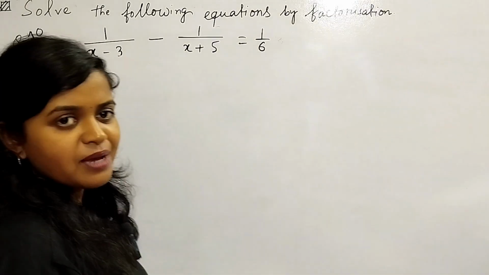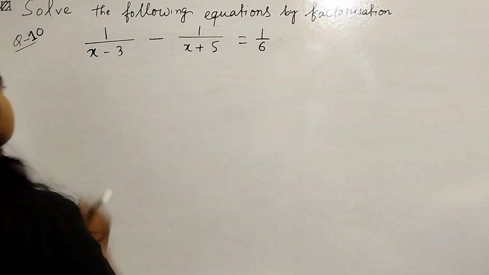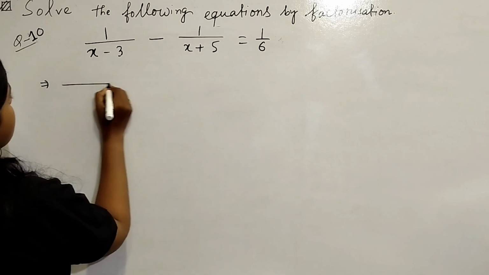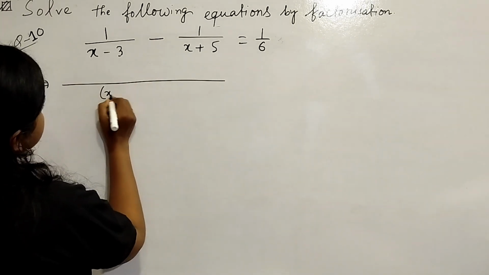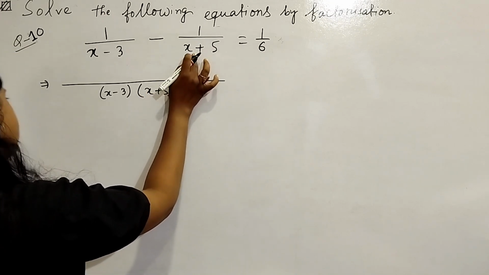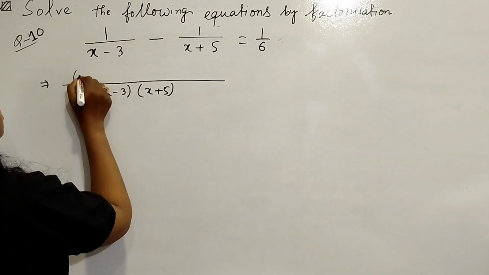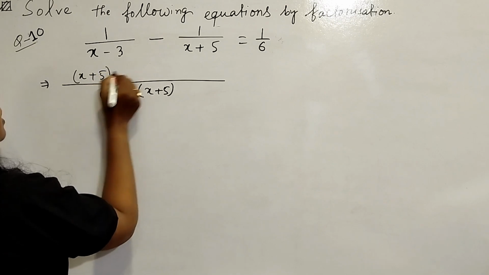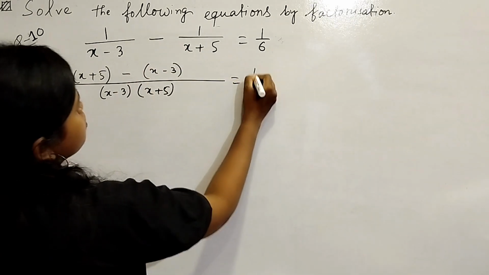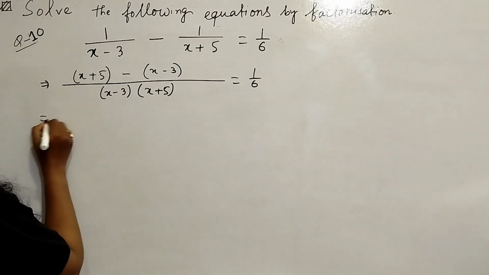Let us discuss question number 10. So question number 10, first take the LCM of both the denominators. So x minus 3 into x plus 5, and x plus 5 will be multiplied with that. We get x plus 5 minus this one, x minus 3, equals to 1 by 6.